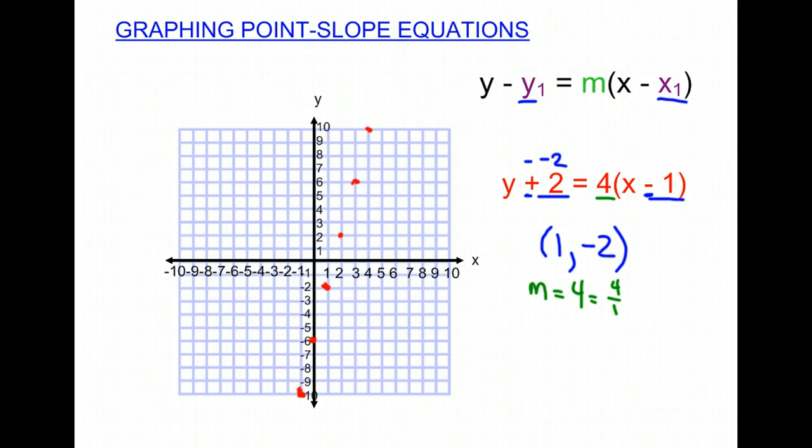We just need to connect those points with a line. So we draw a line through those points. There we are. Extend the line on both ends. So we have our equation, y plus 2 equals 4 times the quantity x minus 1, graphed as a linear graph.